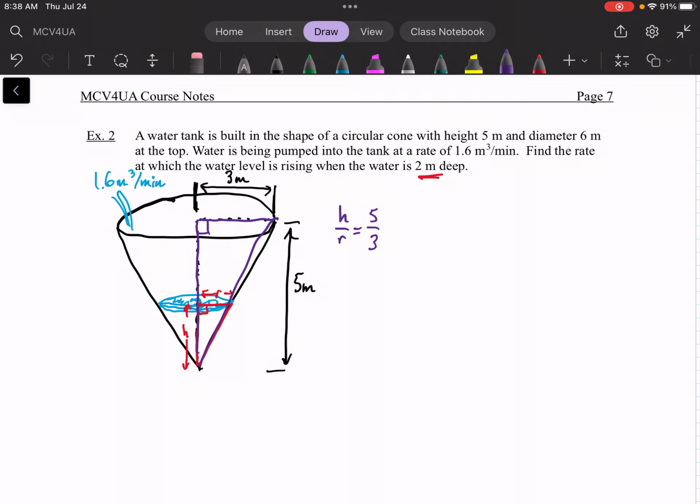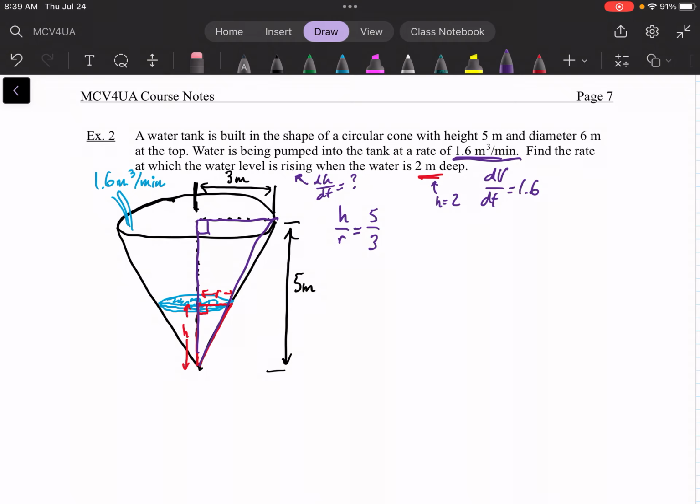I'm going to work this out in a second. The volume, this is what's given, dV over dt, is 1.6. I want to find at what rate the water level is rising. So I'm looking for dh dt, that's the unknown, and this is when h is 2.